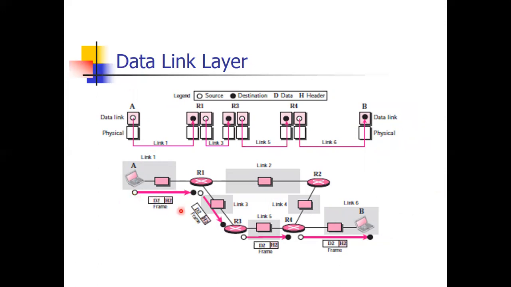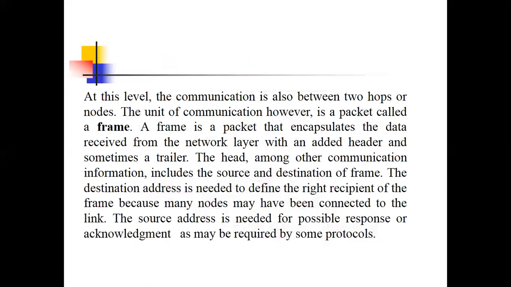In the last case it was by the node, but in this case it's a frame. Whatever data is transmitted, in that data one header is added. What is the role of header? The header includes the address of source and destination. That is the main point.